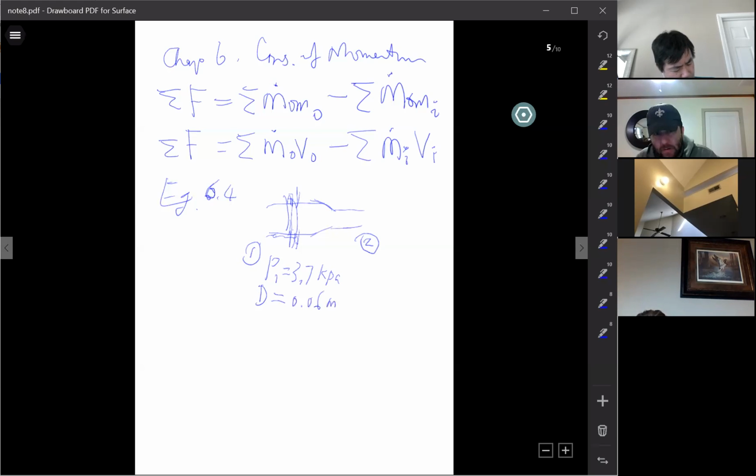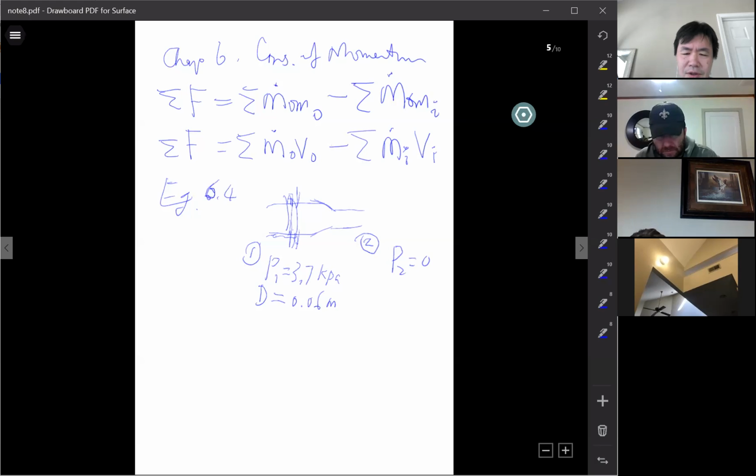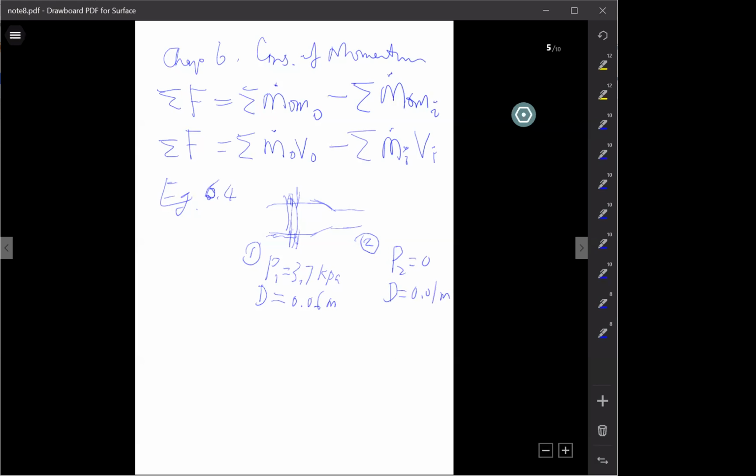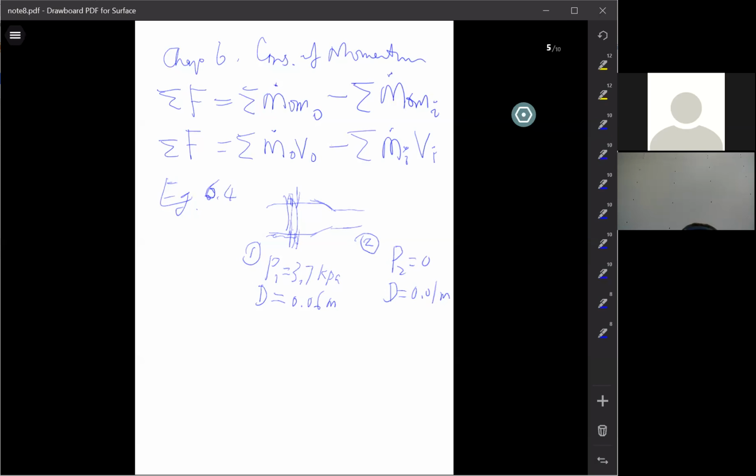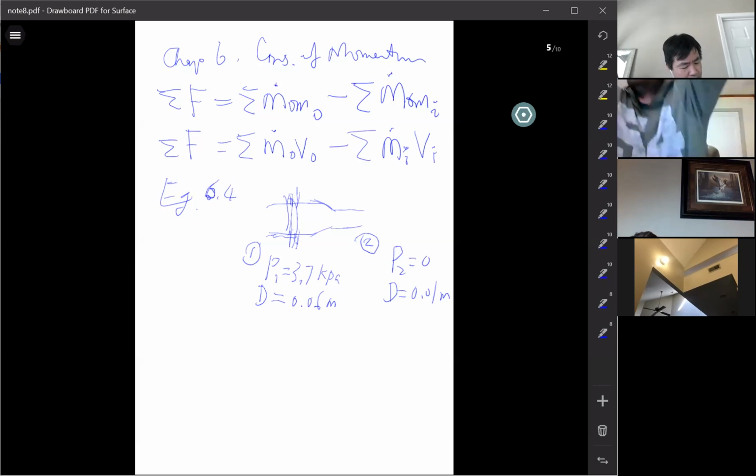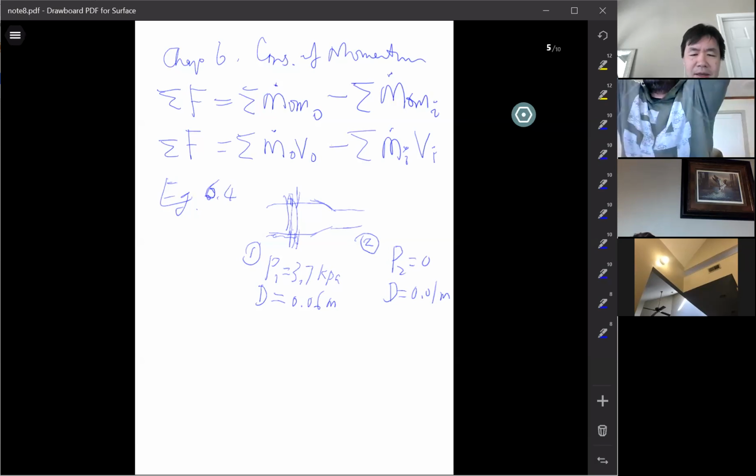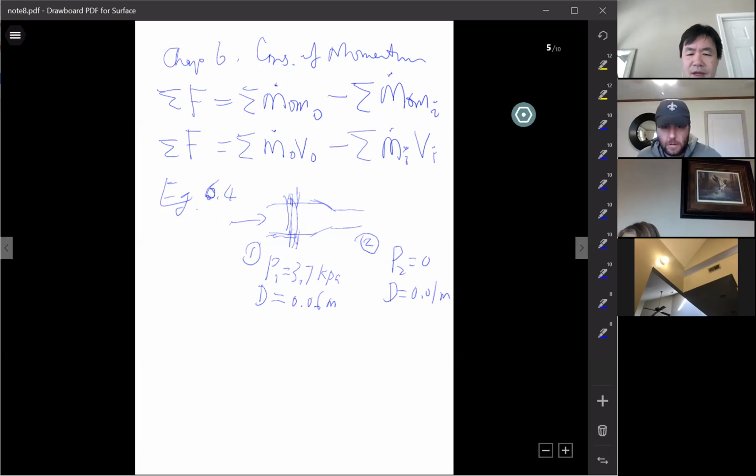P2 is atmospheric pressure, 0, and the diameter is 0.01 meter. Velocity, that's the flow coming into the nozzle. So a flow in and a flow out.